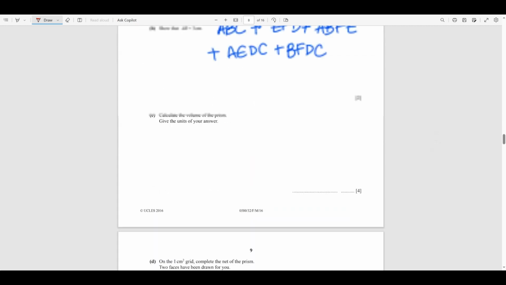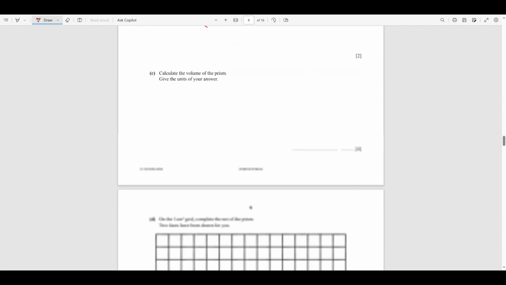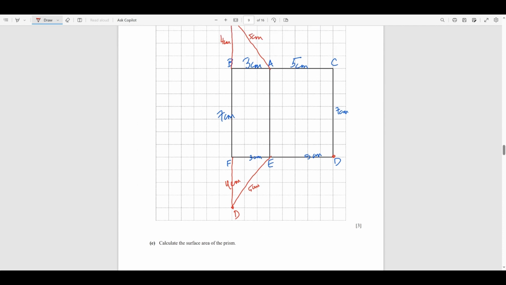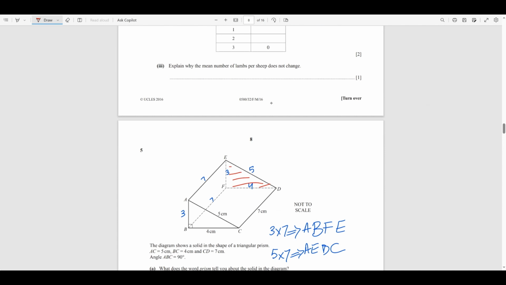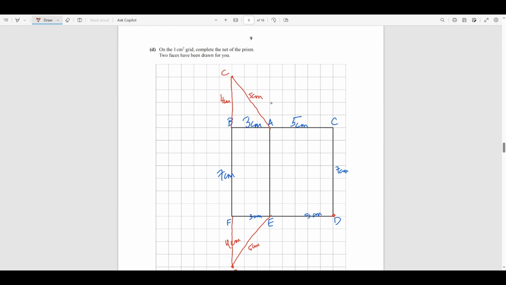And then the last rectangle which is missing is BFDC. Now for BFDC, we can either connect it with FD or BF or DC or BC, right? So let's see what we can do. If I try to connect it with BF, is there a possibility? Yes. So BF is a line and it also has space. So let's do 7 by 4. So 7 is already here, and then this has to be 4. So 1, 2, 3, 4.